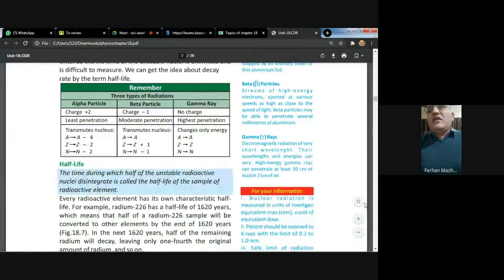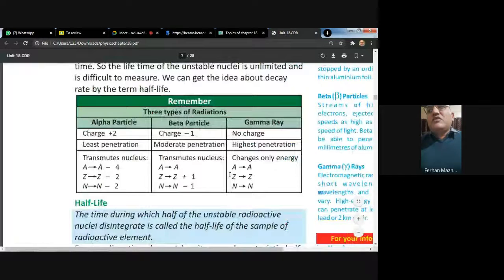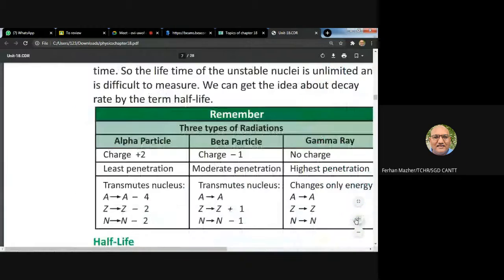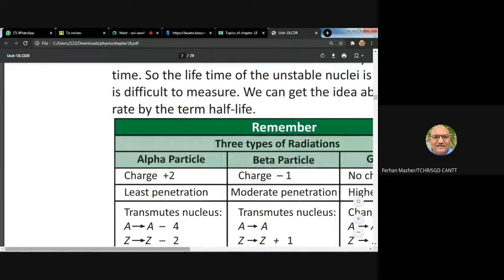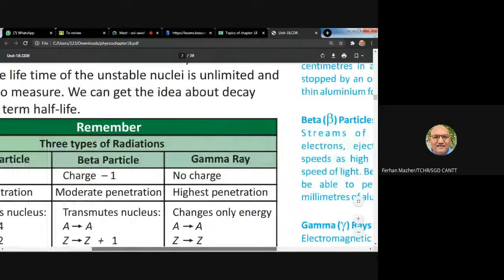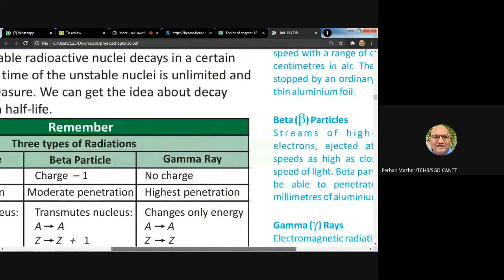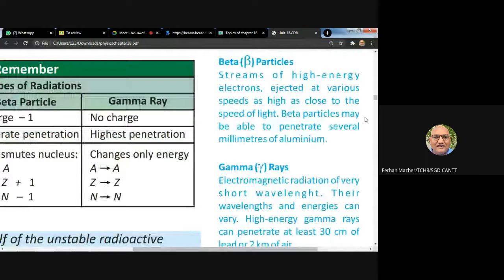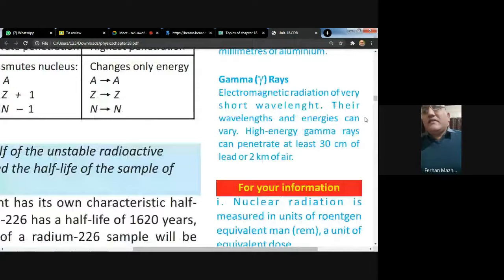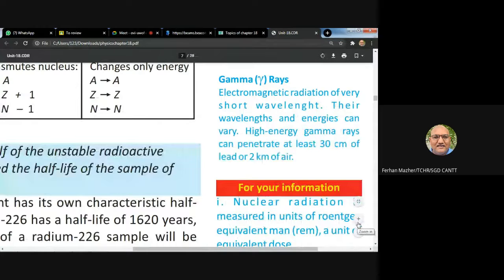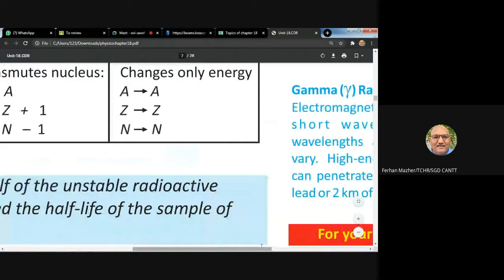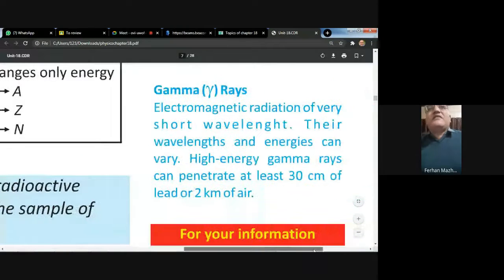On your screen, can you see this? The blue colored text. Yeah, gamma rays. These are the characteristics of gamma rays.